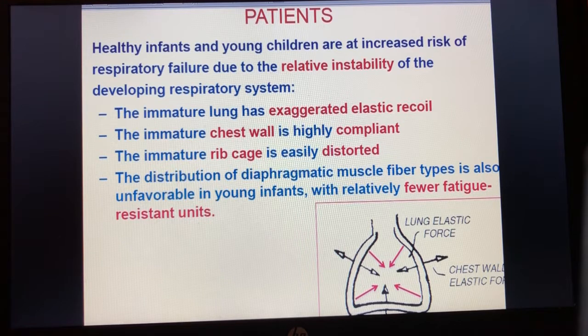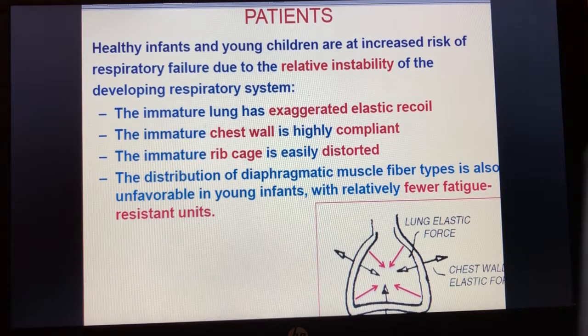One of the main features is the exaggerated elastic recoil. We often joke that babies bounce. So the bounceability is to do with elastic recoil of their body and their tissues, and this is also true for the lungs, which then means that when you breathe out, the lung will tend to collapse more easily, and therefore airways tend to collapse more easily.